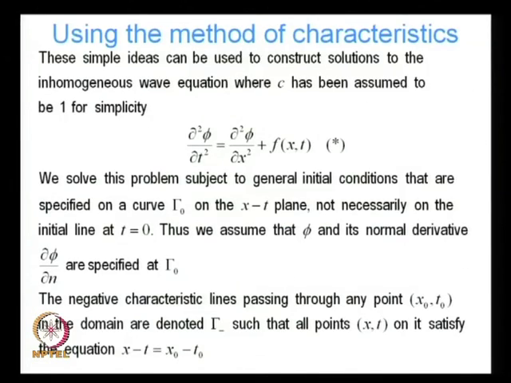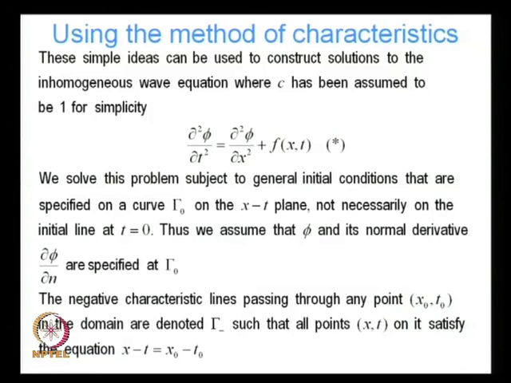So, not necessarily the initial line at t is equal to 0. Thus, we will find that we need not only to prescribe phi, that is the actual primary variable, suppose the displacement, but we also need to specify its normal derivative at gamma 0.